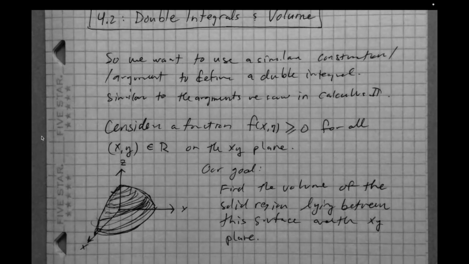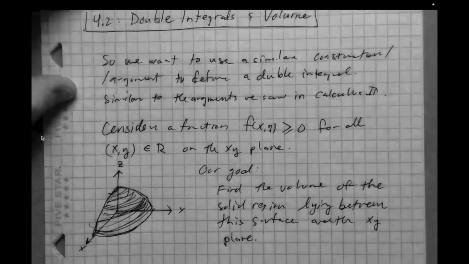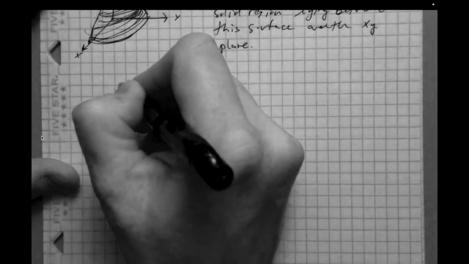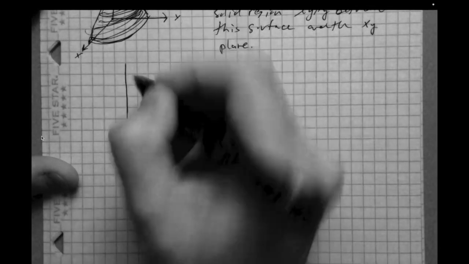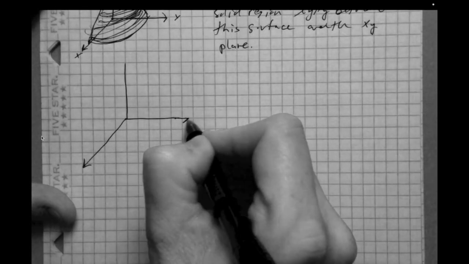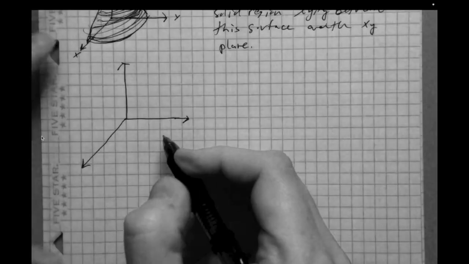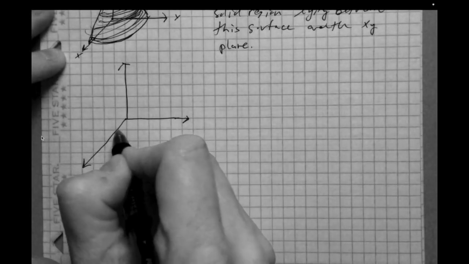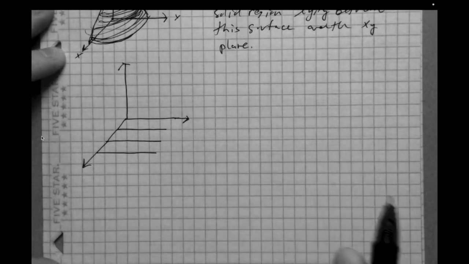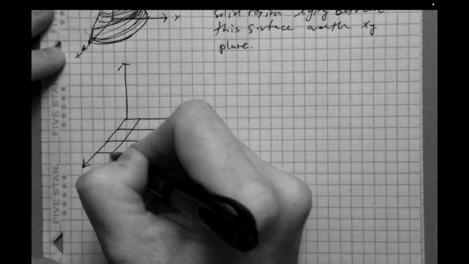Well, how does the double integral accomplish this? Here's the idea. We're going to start with our region in the xy plane, and what we're going to do with the region is create a grid. This is not a very fine grid, but that's okay.